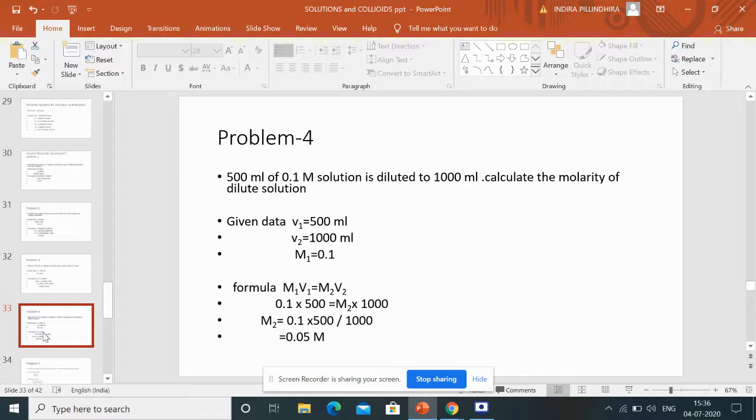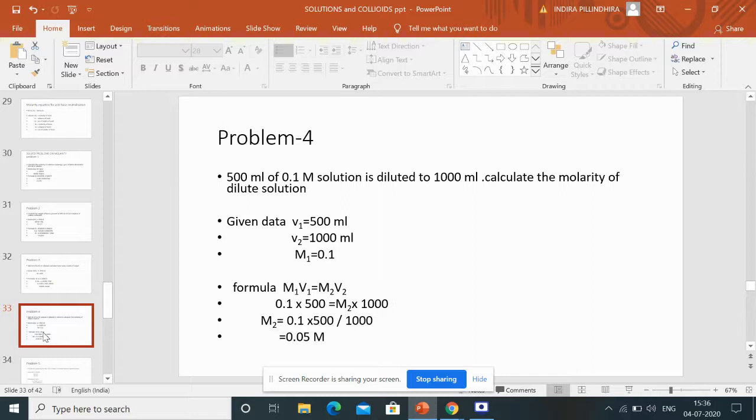500 ml of 0.1 M solution is diluted to 1000 ml. Calculate the molarity of the dilute solution. So first, after reading the problem carefully, we will know what data is given.